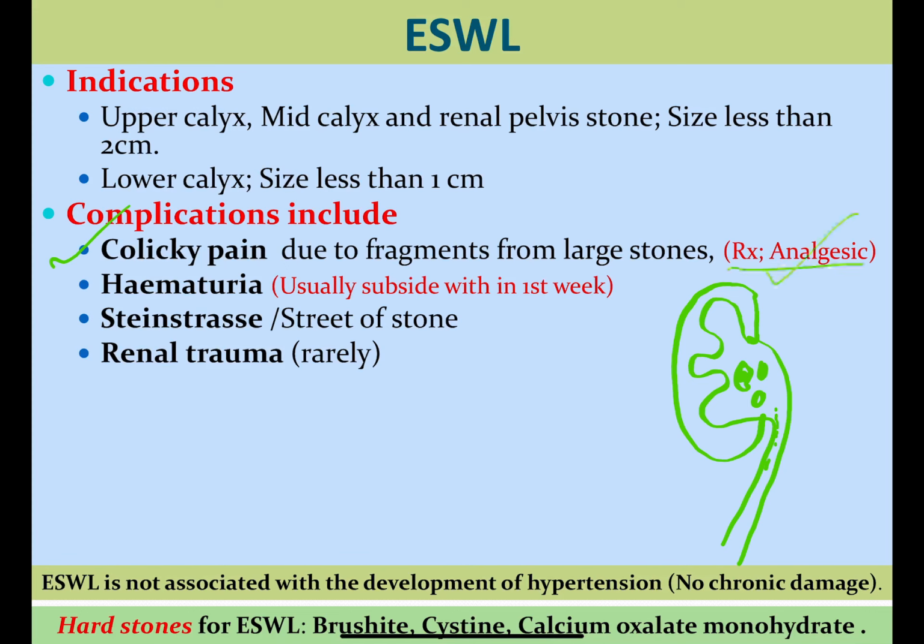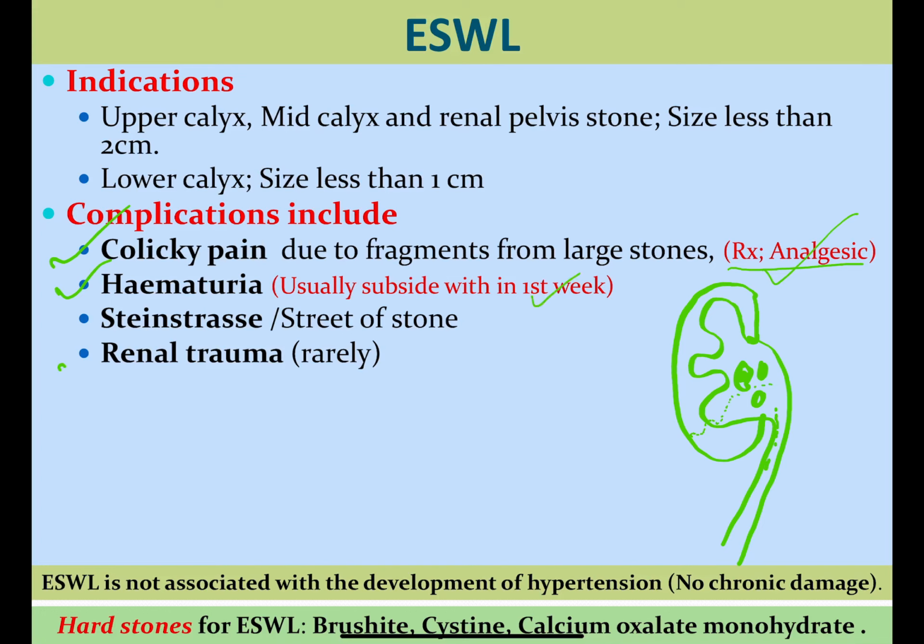If pain is so severe that it cannot be controlled by analgesics, then come to us. Hematuria: you have to say there will be some mild hematuria due to slight acute renal damage or the movement of stone. But if the hematuria is severe, is not stopping and causing severe pain, then you have to come. Otherwise, minor hematuria will go within 1 week.